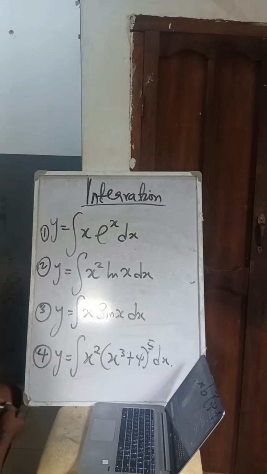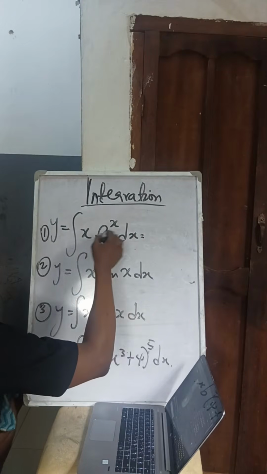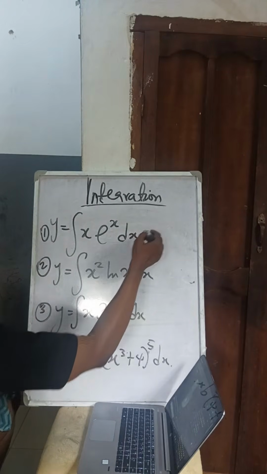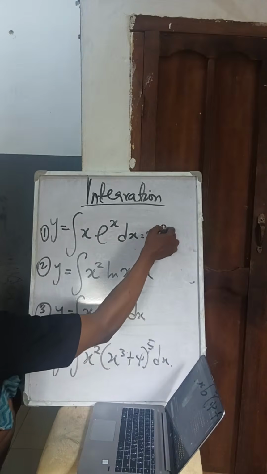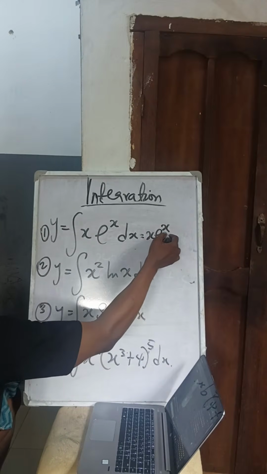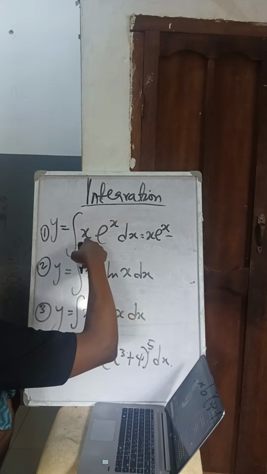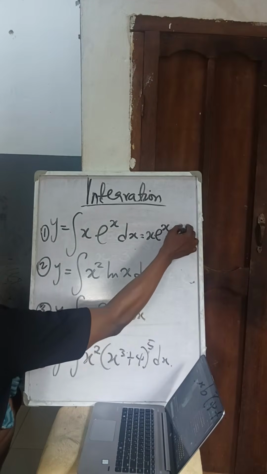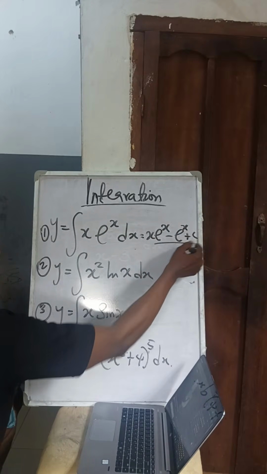All right, let's solve them. Number one, the answer is x e^x minus, differentiate x, you get 1, the e^x plus c.